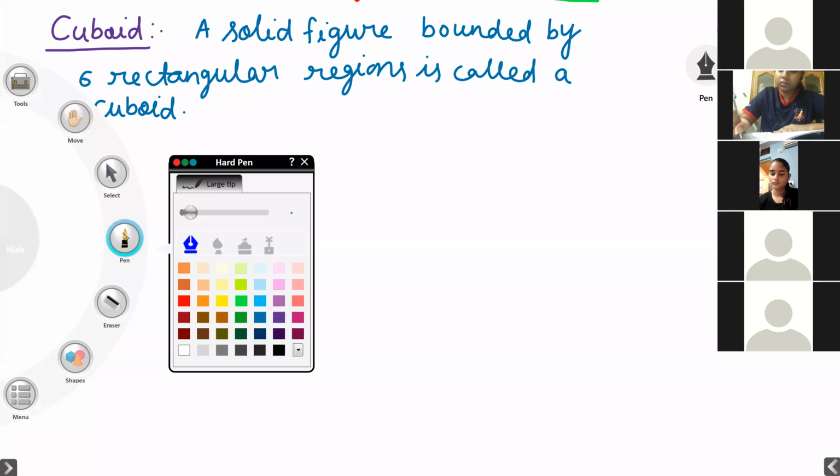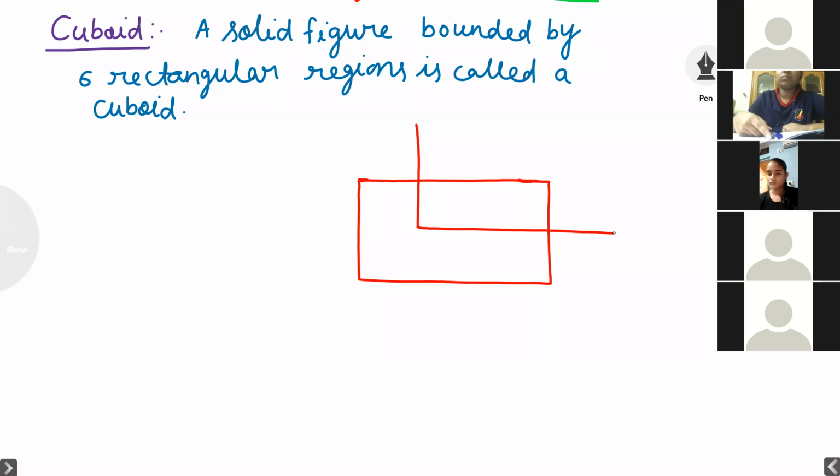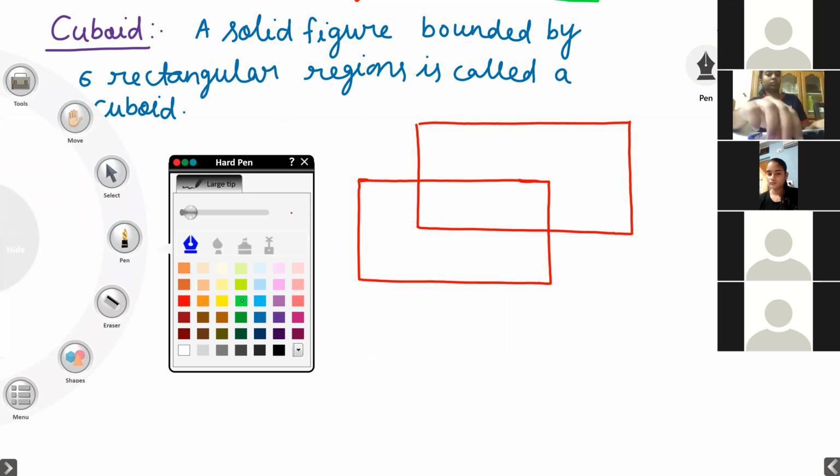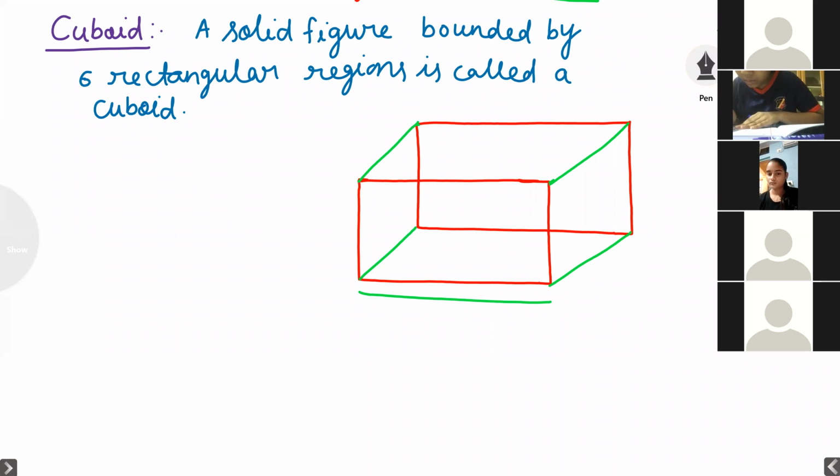Draw this figure. This is a cuboid. Length, breadth, and this is height.